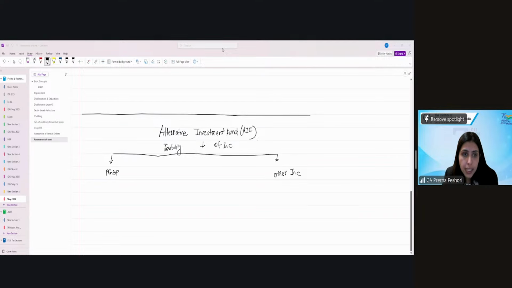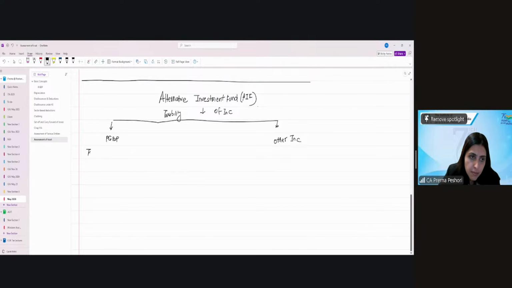So if income is earned under the head of PGBP, then in that case there is taxability in the hands of the AIF. Are we clear? Yes or no? And in the hands of the unit holders, the investors, this shall be exempt under section 10(23FBB).